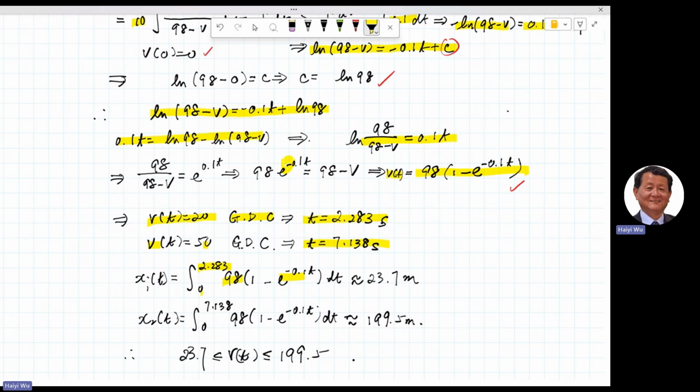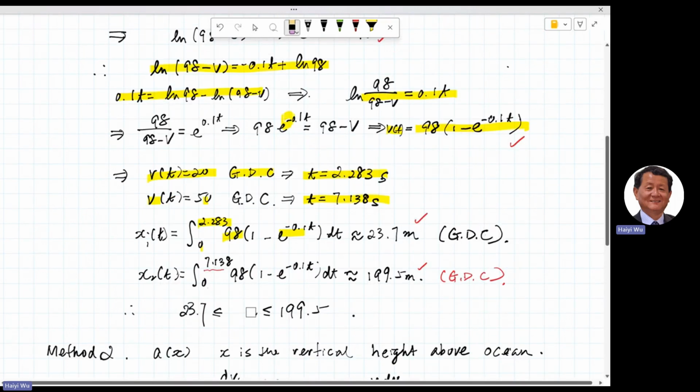Don't forget to use the graphics digital calculator to find the integration is 23.3 meters. Then x2: integrating from 0 to 7.138 seconds, the answer will be 199.5 meters, the same on the GDC.